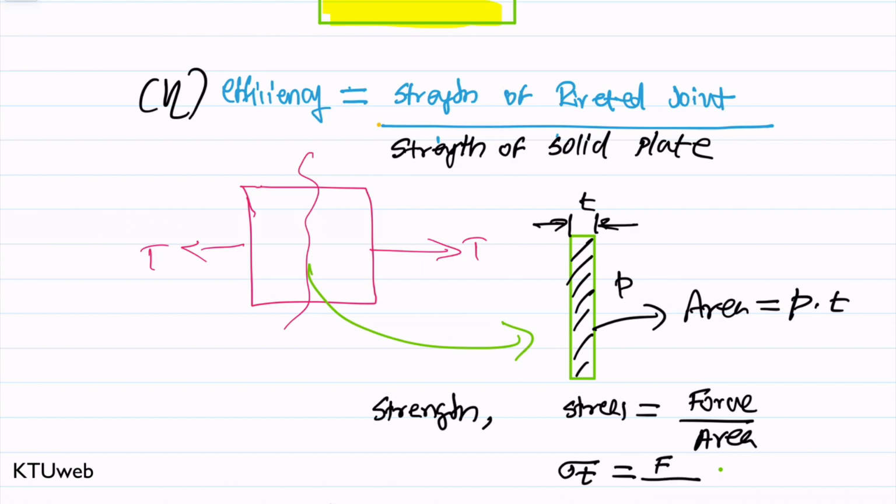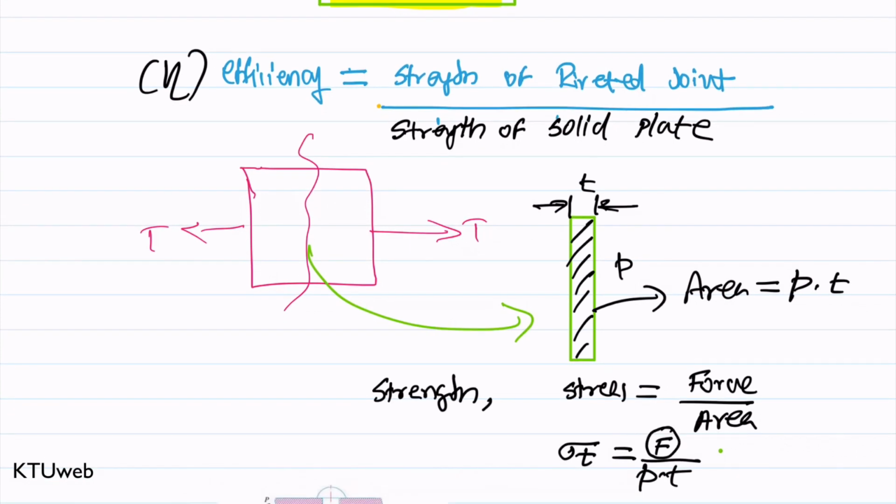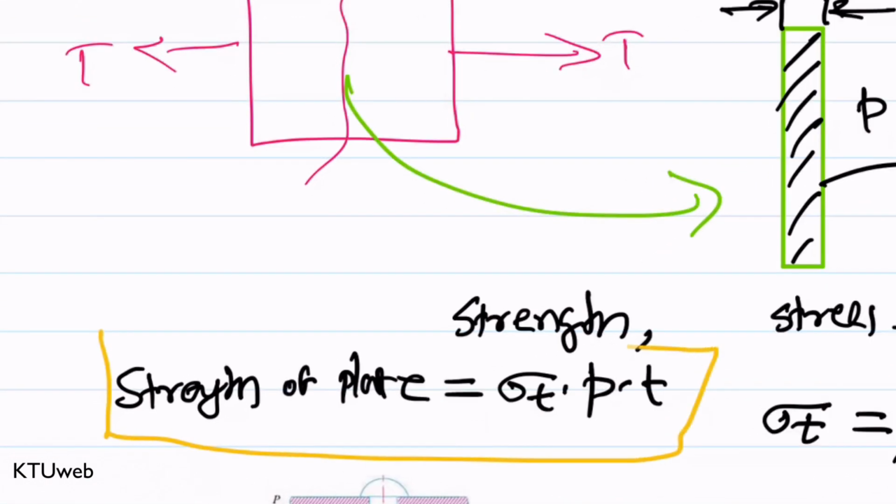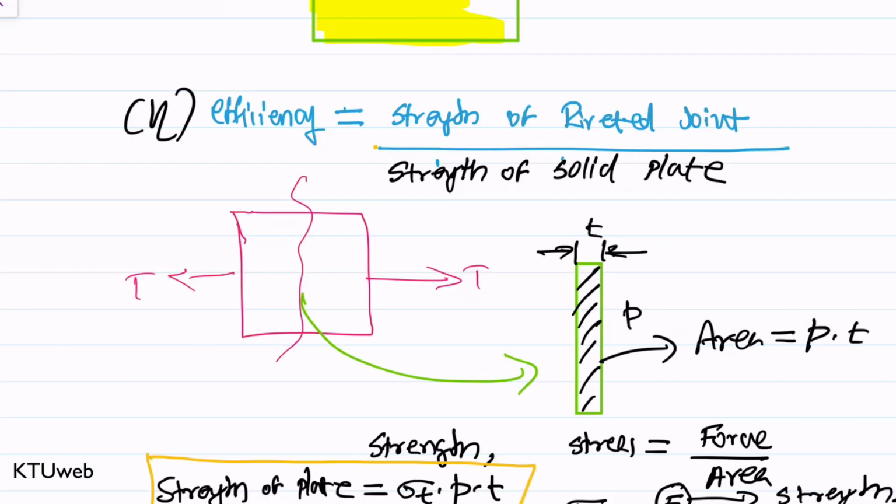What is the area here? P into t. So the strength of the solid plate is equal to sigma t into P into t. So remember, we will be using this equation to find the strength of the solid plate. All the time we will be putting this value in the denominator.